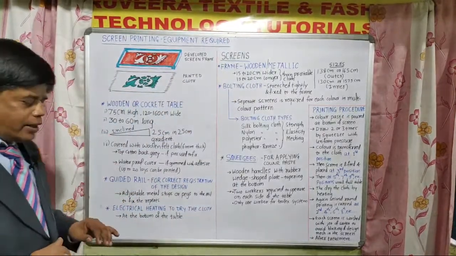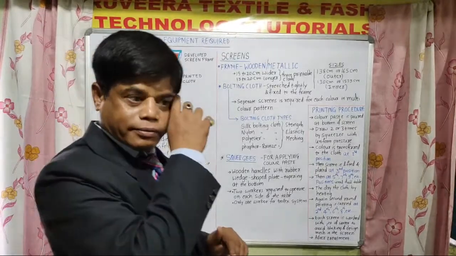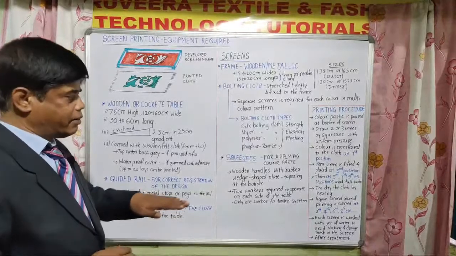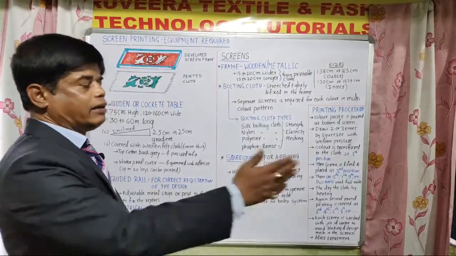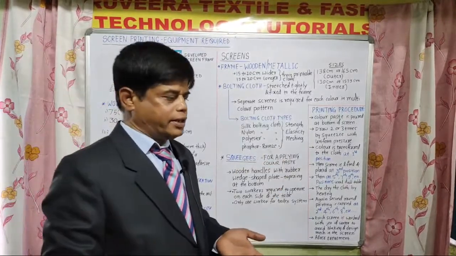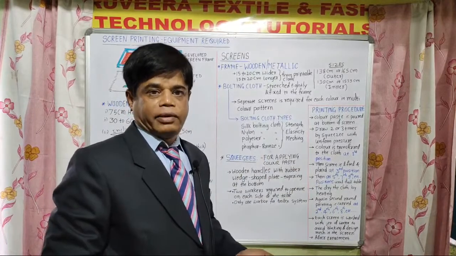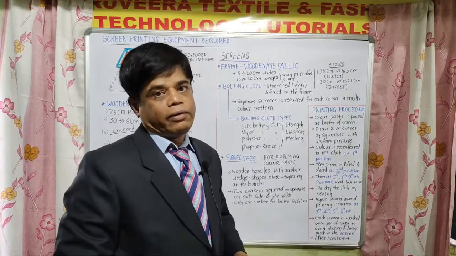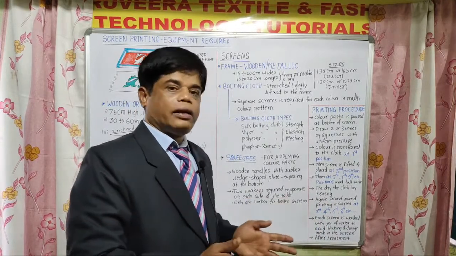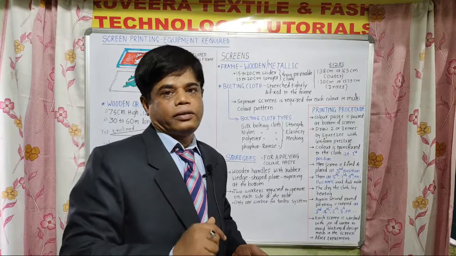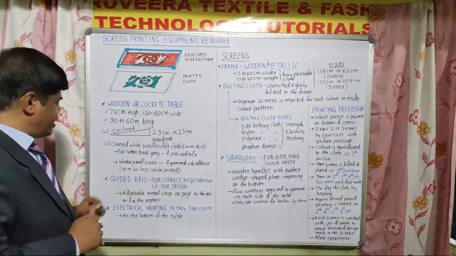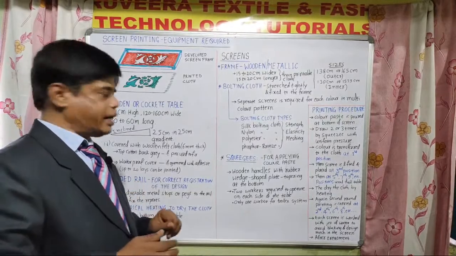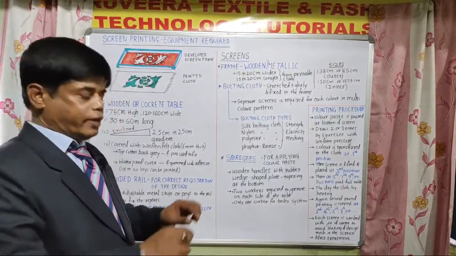And what are the other things involved here? On the table side there will be a rail, on both sides if it is a 2-person horizontal printing table. The guide rail is for the correct registration of the design.